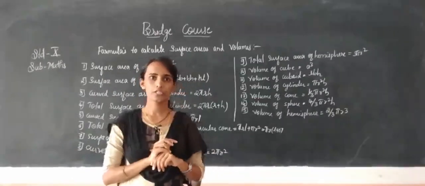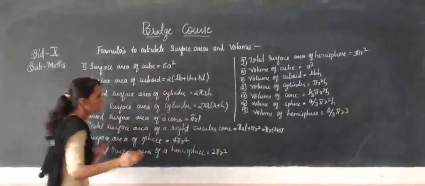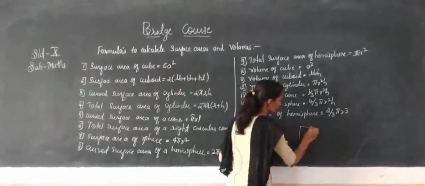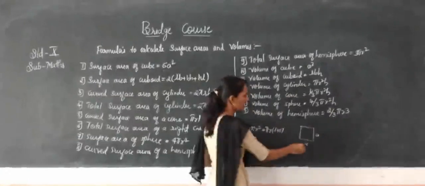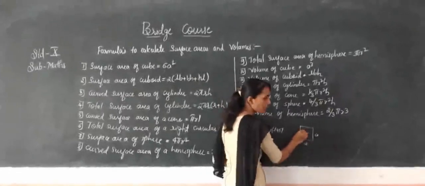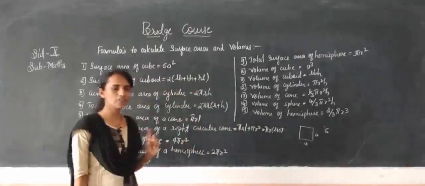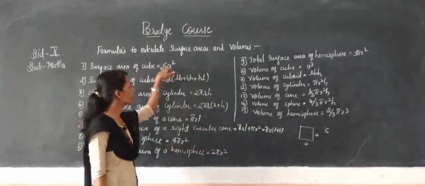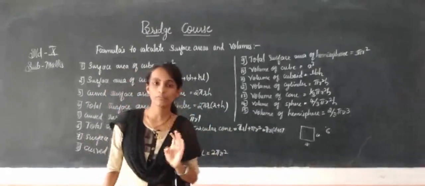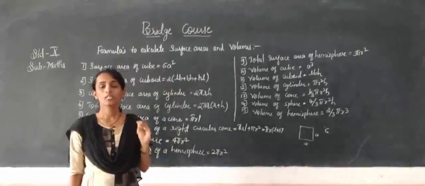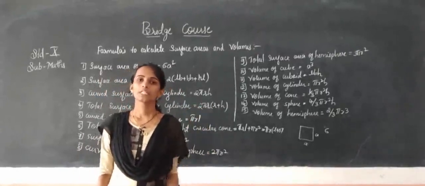Each face is a square of side a, with area a square, and the cube has 6 such faces. That's why it becomes 6a square. The unit for measuring any surface area is square units, such as centimeter square or meter square.